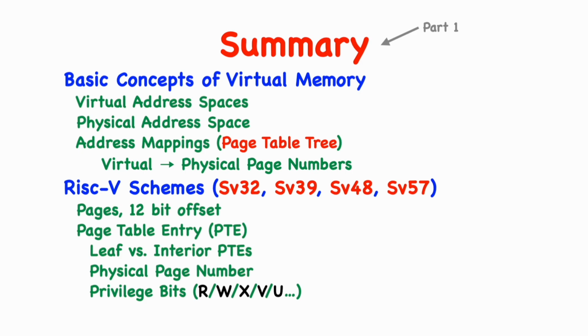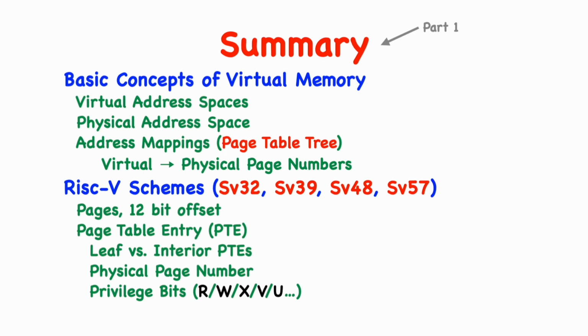The page table is represented by a tree stored in memory. With Sv32 on 32-bit machines, the tree has 2 levels, while 64-bit machines use Sv39, Sv48, and Sv57, with 3, 4, and 5-level trees, respectively.